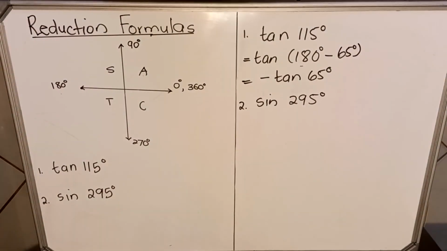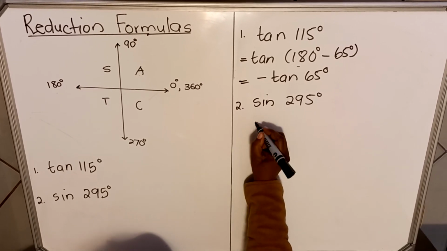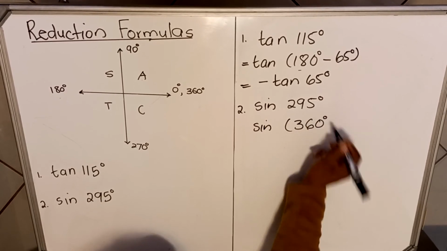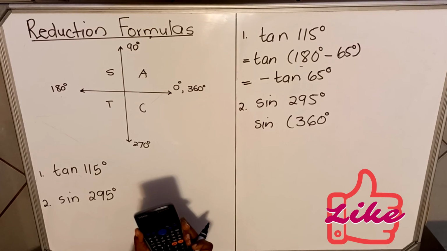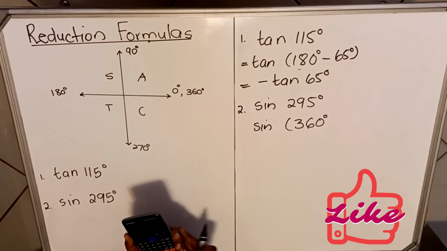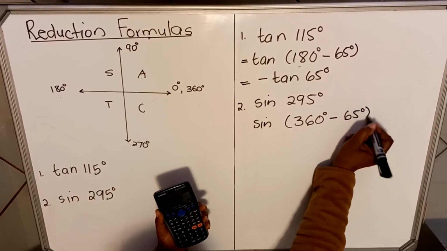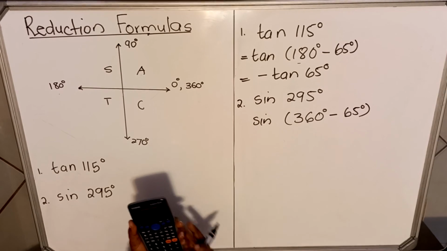Now this, we have sine 295. So you're going to have your sine, and then the 295 is closer to 360. Then you go 360 minus 65. Don't be happy with this. Take your calculator and check if you're going to get that angle.